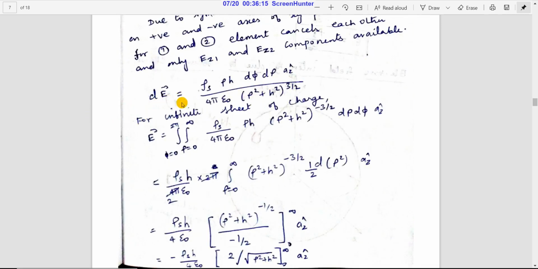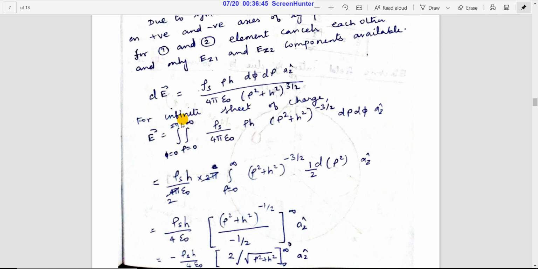So dE vector is equal to ρ_s ρ h dφ dρ into a_z cap divided by 4π ε_0 times root of ρ square plus h square, power 3 by 2 will be coming. Since we are having only ρ and φ differential terms here, our integration will be a surface integral only.